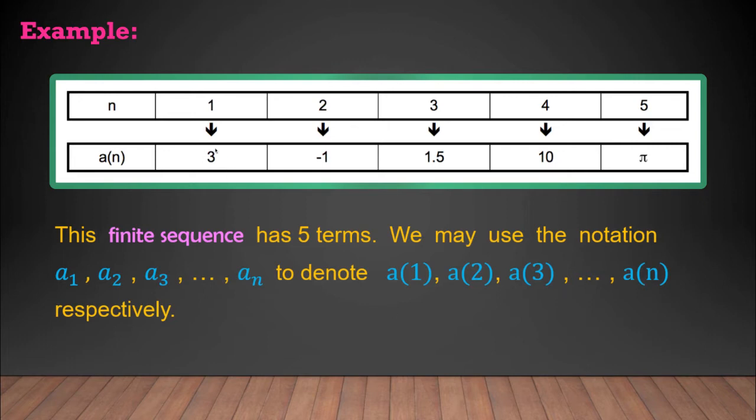So meaning this 3 here is our a sub 1, the first term. Negative 1 here is your a sub 2, the second term. 1.5 is a sub 3, the third term. 10 is a sub 4, which is the fourth term. Pi is a sub 5, the last term, which is also our a sub n.